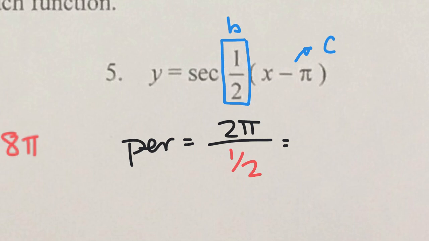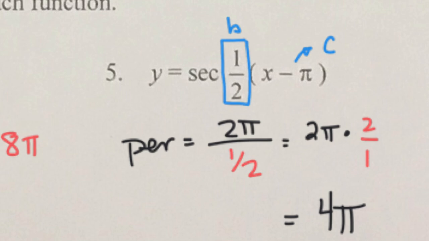Once again, whenever we are dividing by a fraction, we instead multiply by its reciprocal. So the reciprocal of 1/2 is 2/1. So 2 pi times 2 is 4 pi. This function would have a period of 4 pi.